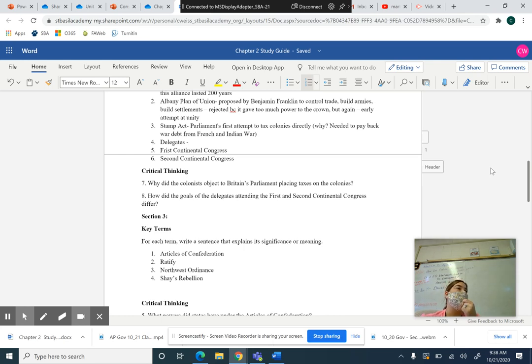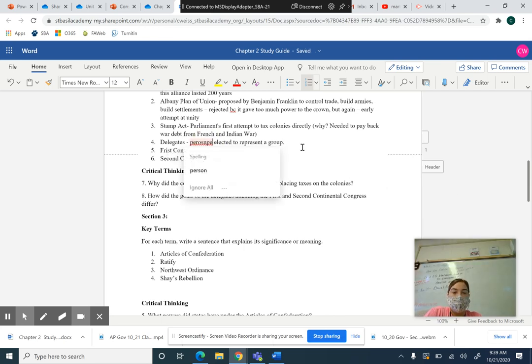Delegates, what's the significance of the word delegate? Go ahead. A person selected to represent a group. To represent a group. Excellent. It is a person elected to represent a group. And we saw delegates from each colony in the Continental Congresses, right?